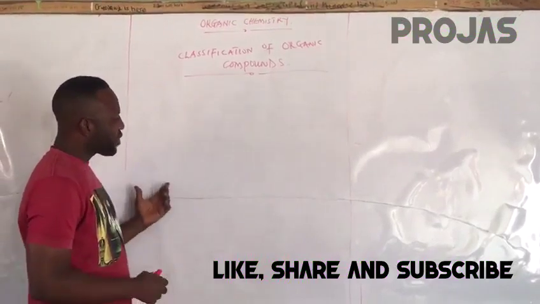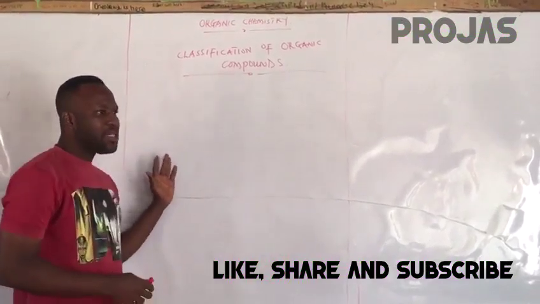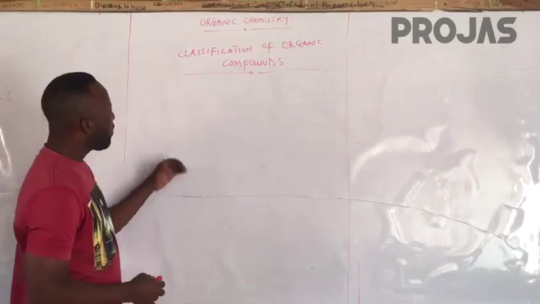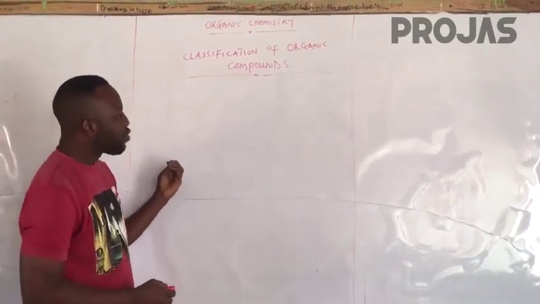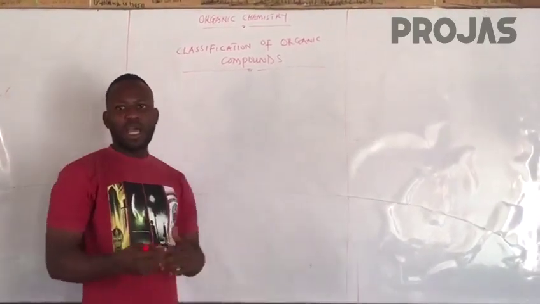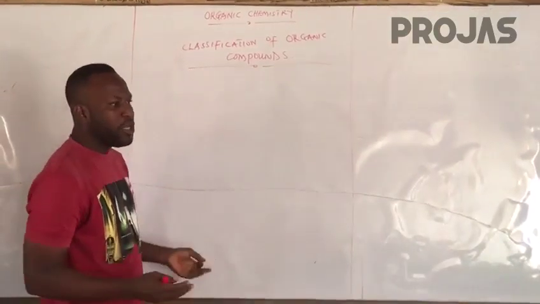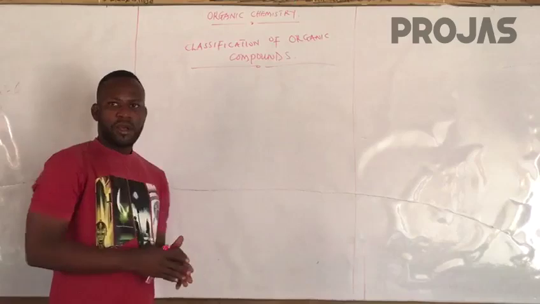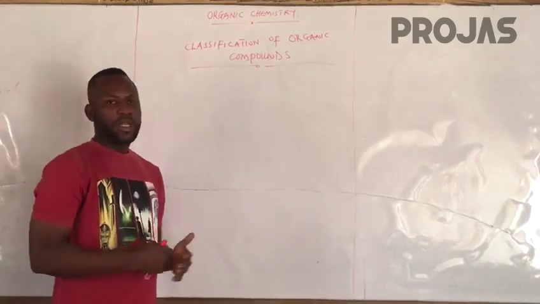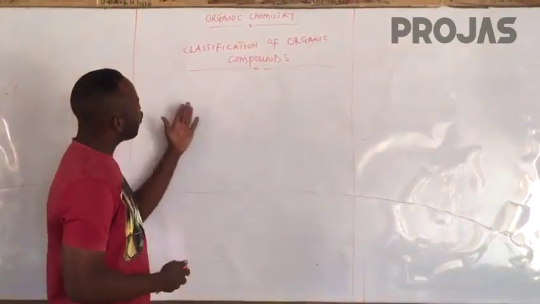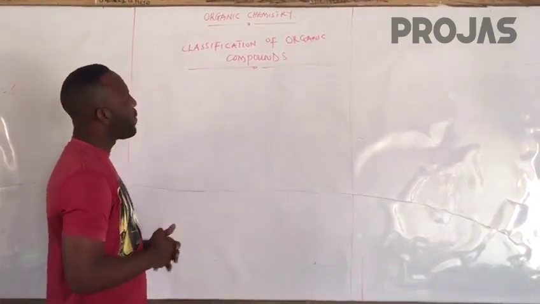In our previous class, we realized that some of these organic compounds have carbon and hydrogen, and some have carbon and other elements like oxygen, nitrogen, fluorine, chlorine, sulfur, etc. So that now takes us to how we can classify these compounds.